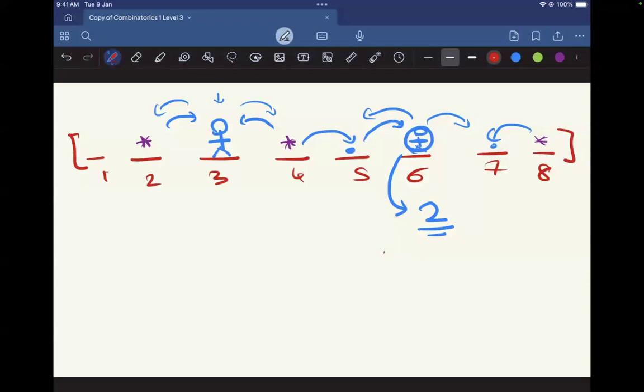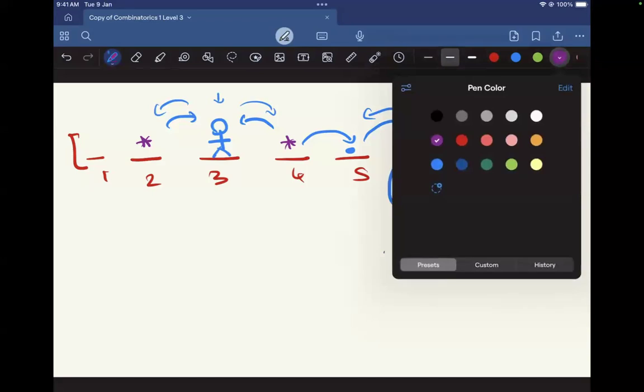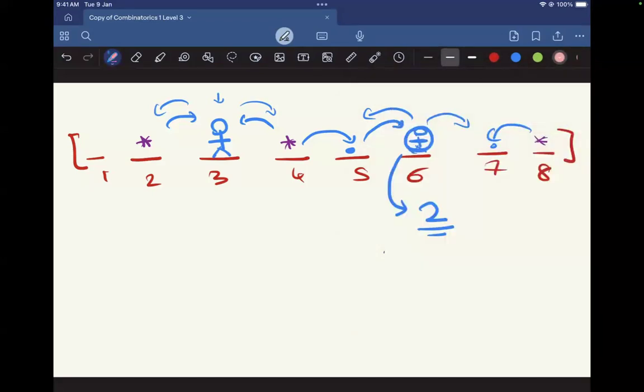Now, if this much is clear, guys, I have one statement to make. Do you see that no matter where David is, David will only get caught either by the teacher directly towards the left or a teacher directly towards the right? Let's say David was here. David can only get caught by this teacher or this teacher. Yes or no? Yes, because this is the teacher closest from the left and this is the teacher closest from the right.